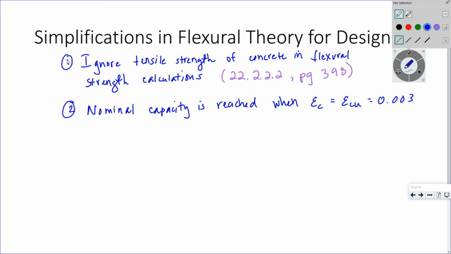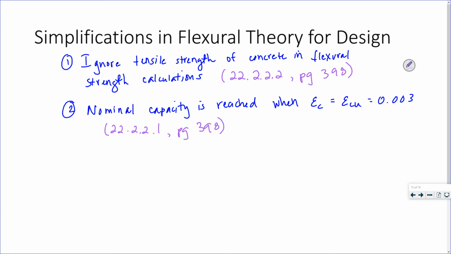And that's on the same page. It's the section up, 22.2.2.1, also on page 398. Maximum strain in the extreme concrete compressed fiber shall be assumed equal to 0.003. So this is an important number to remember.